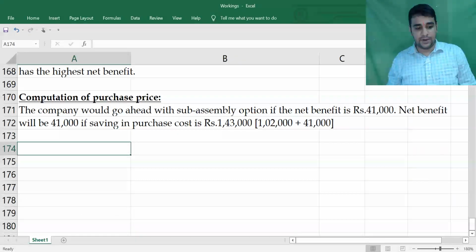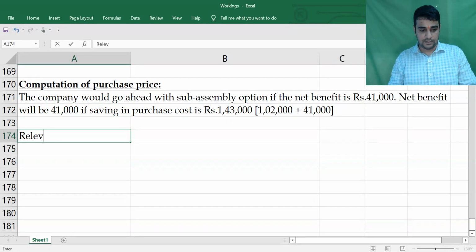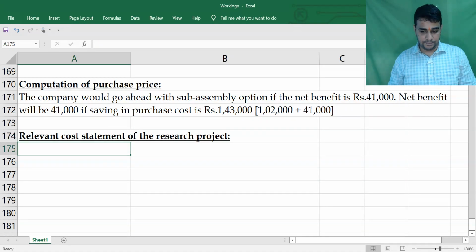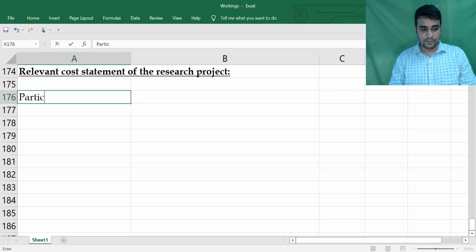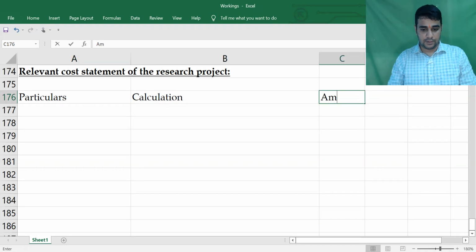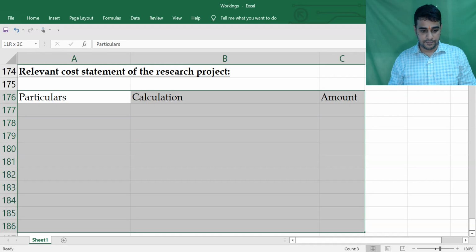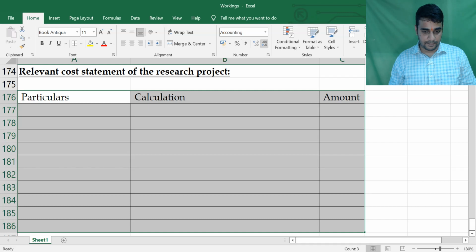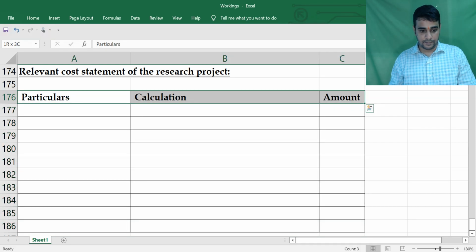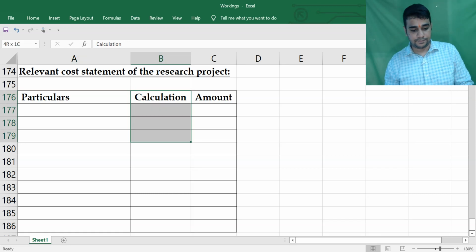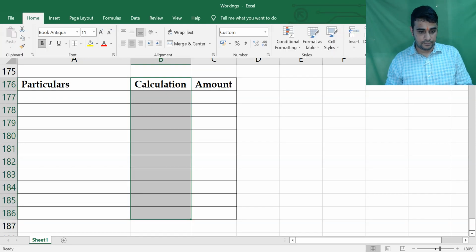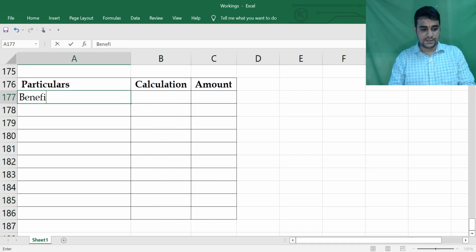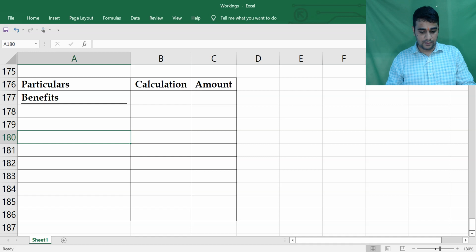Let's start. Relevant cost statement of the research project. Benefits, costs.